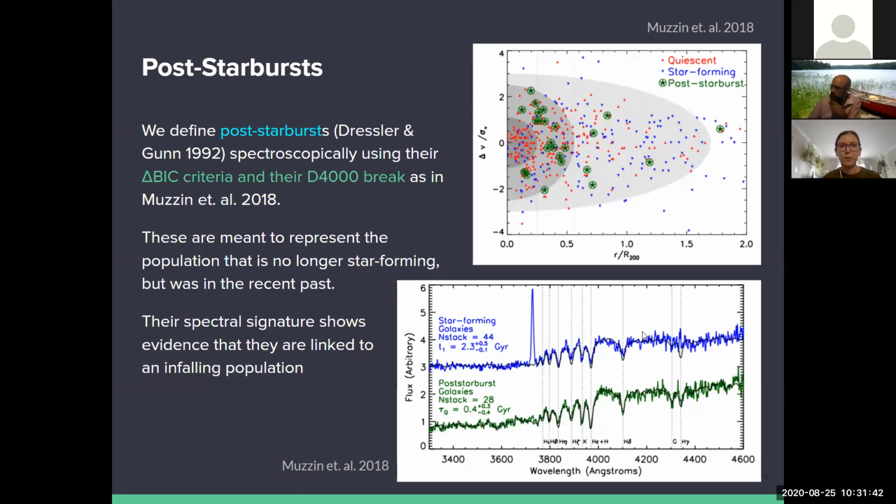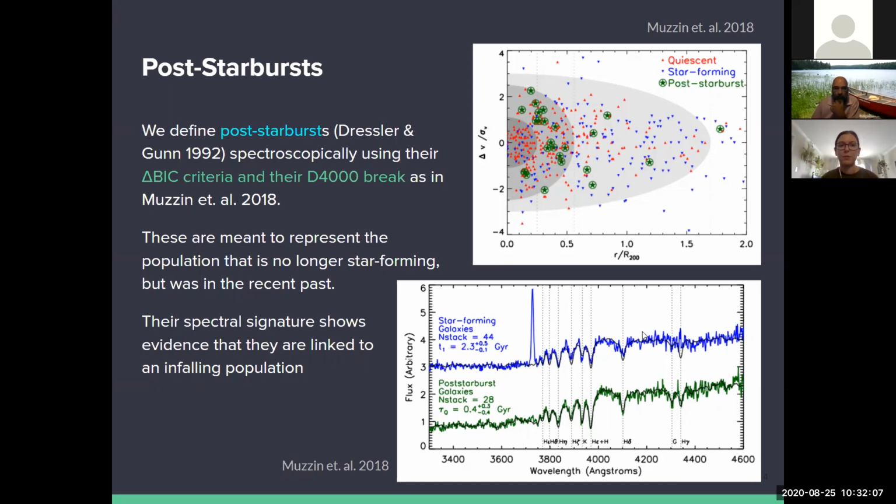So starting with the post-starburst, we're defining these spectroscopically just as Adam did when he talked yesterday. This is using their delta BIC criteria that Lindsay mentioned. So this is picking out models that strongly favor an O2 emission, along with their D4000 break.